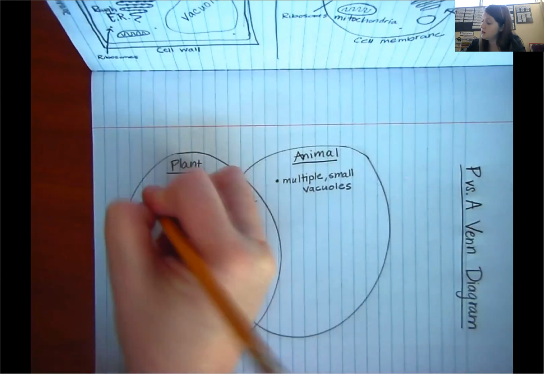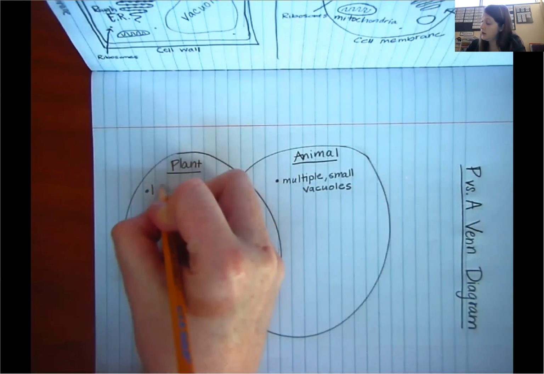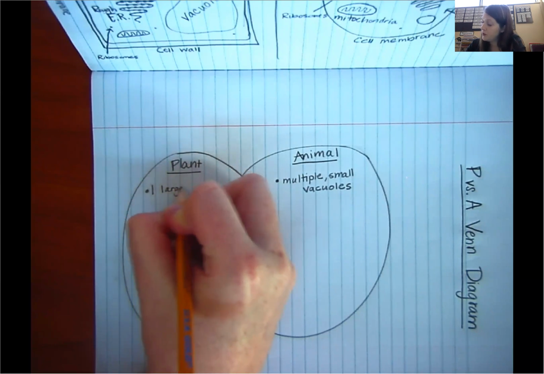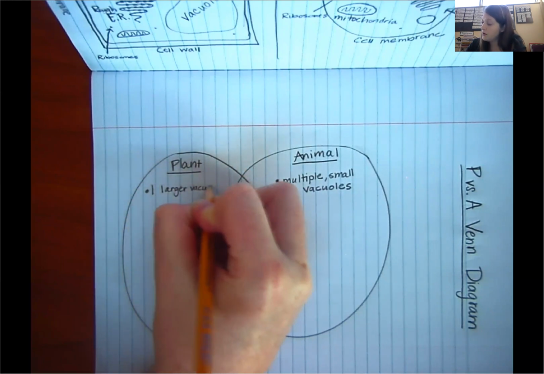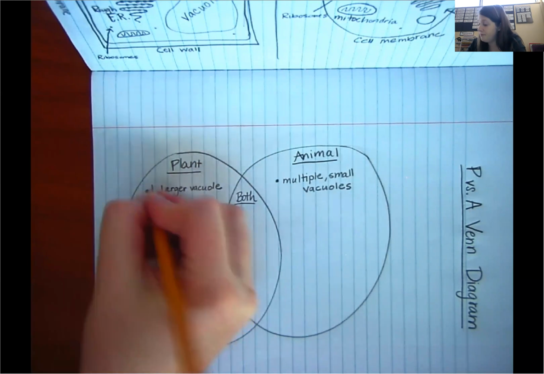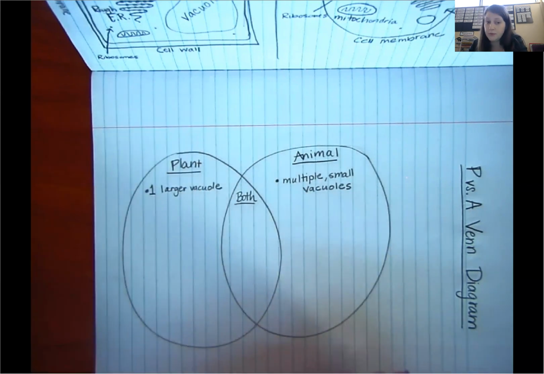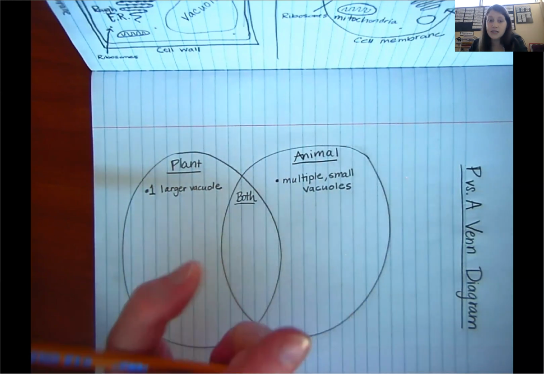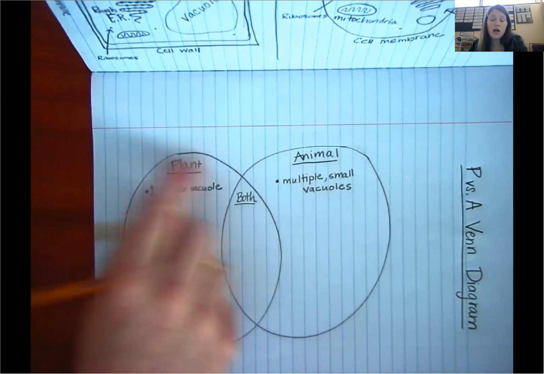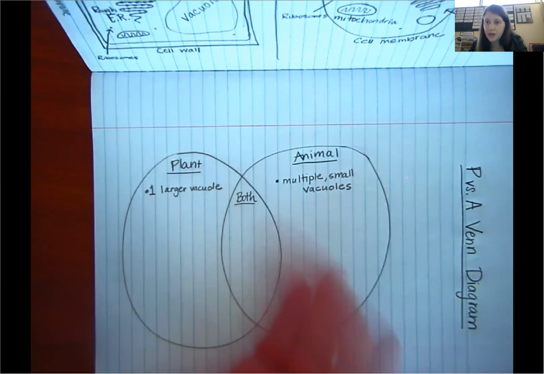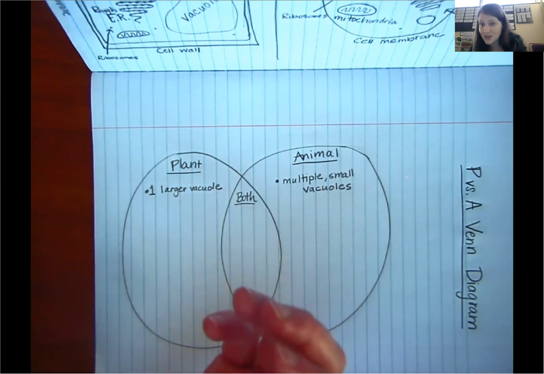Okay, and one larger vacuole. Note, I kept it simple, not writing sentences here. We're not going to present these on Flipgrid. They're just not interesting enough to present on Flipgrid.